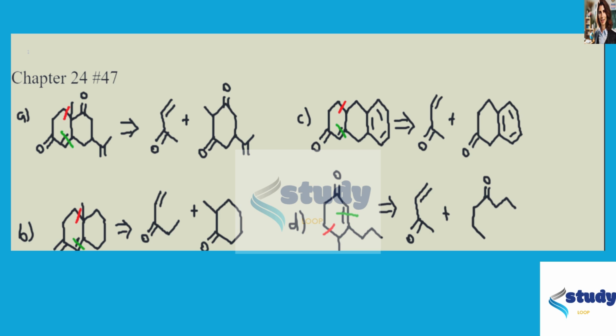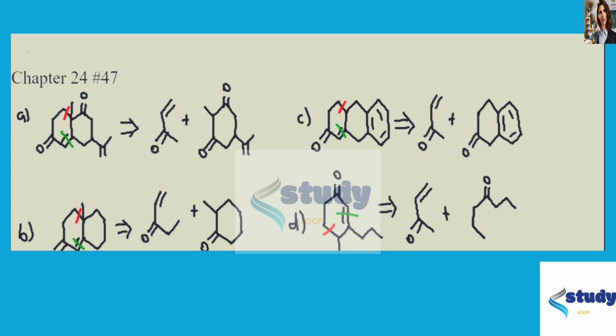Okay, there we go. As I said, these can be a little challenging. I think the best way to approach them is to think about cutting the double bond in the product, and remembering that that's where the ketone will be in the one starting material.